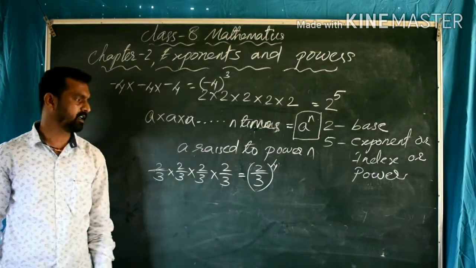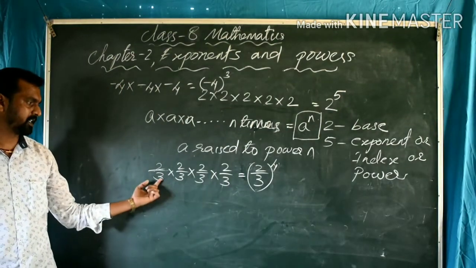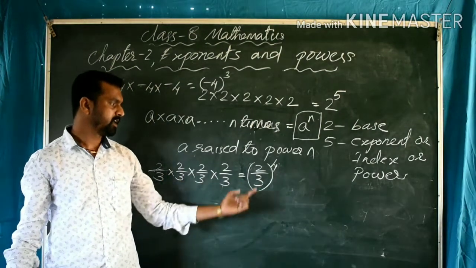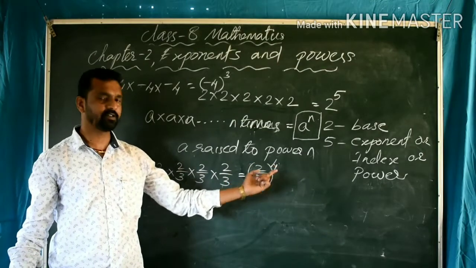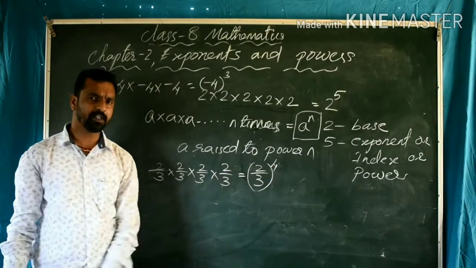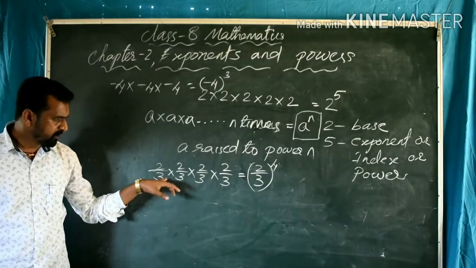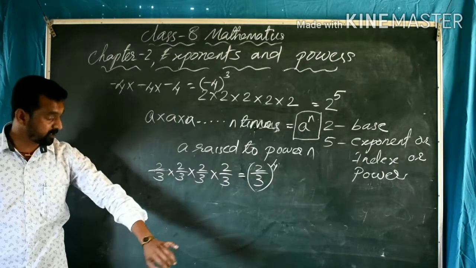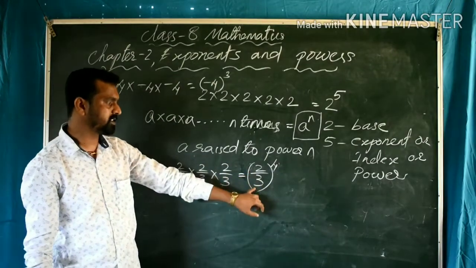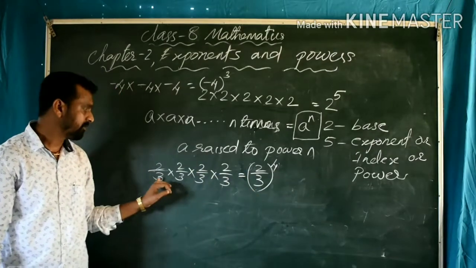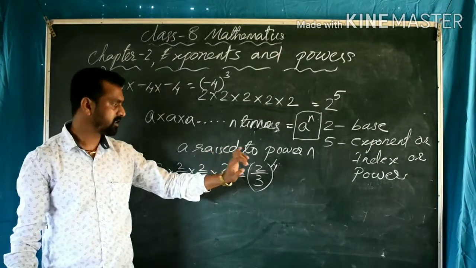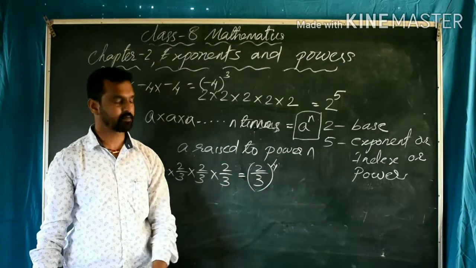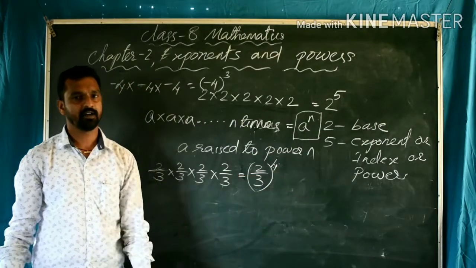Here 2 by 3 is the base, and we have multiplied it 4 times, so 4 is the exponent or power.